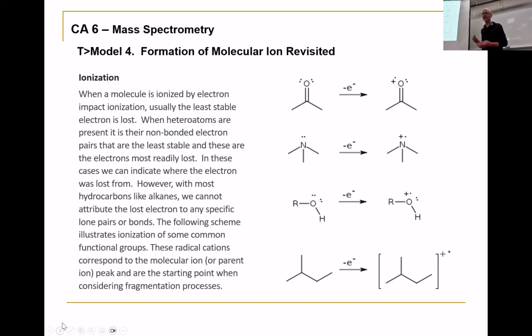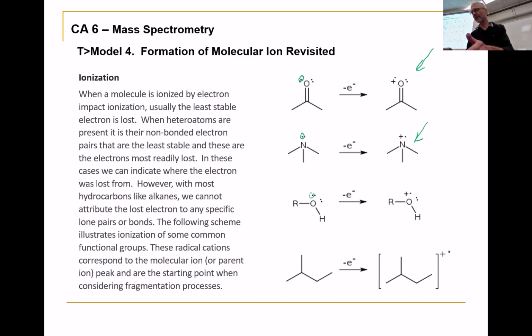And so at times you'll be asked to predict what exactly the molecular ion looks like. You can see I'm starting from this ketone, and we knocked out that electron, and we ended up with this radical cation. And in terms of the amine, we knocked out that electron. So this is somewhat predictable.